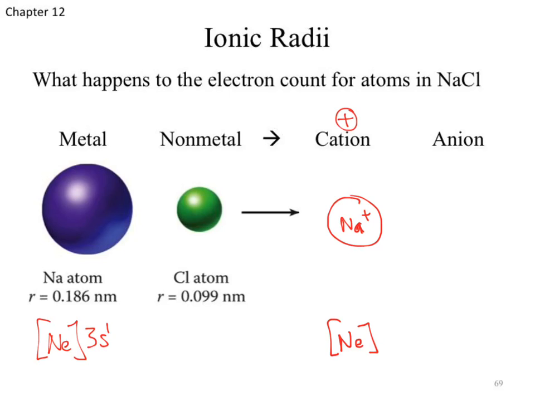What happens to the anion? Well, we had our chlorine atom with our configuration of neon. Oh man, this is a lot longer. And that's supposed to be a 3. 3s2, 3p5.